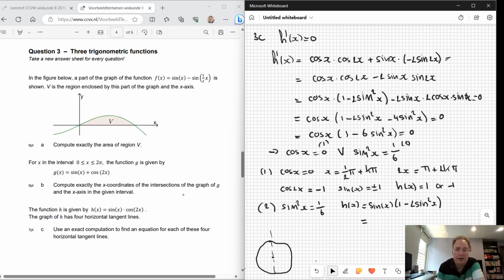I can keep it like this. So h of x is the square root of 1 over 6 times 1 minus 2 times 1 over 6.